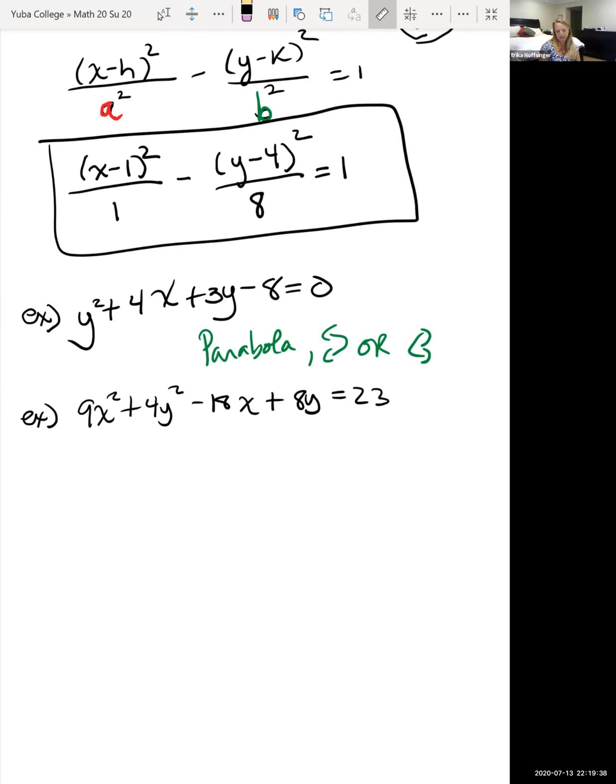They're not. And then see if they're the same sign or opposite sign. Same sign, ellipse; opposite signs, hyperbola. So same sign tells me this has to be an ellipse. I'd have to go a little bit further and put it into that form where I can see which way it's elongated by looking at which number was bigger under the x or the y. For an ellipse, a squared is always bigger than b squared, but not necessarily so for hyperbolas.